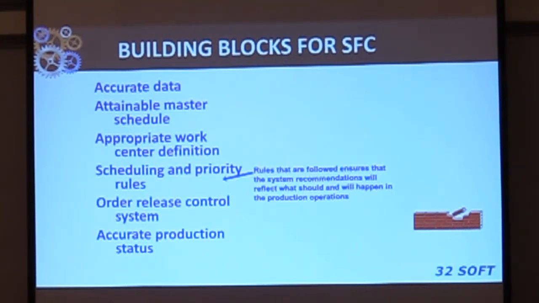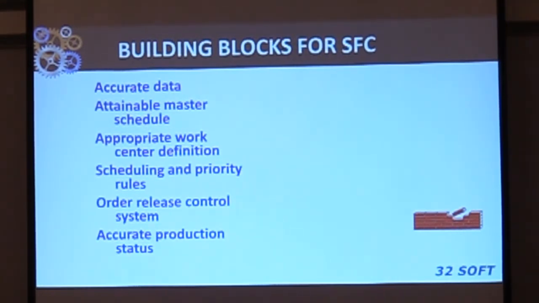We'll talk about various kinds of scheduling, backward scheduling, forward scheduling, and priorities, critical ratio, slack time. A lot of different kinds of tools that we use for that. And then an order release and control system, what we sometimes refer to as an authorization system.